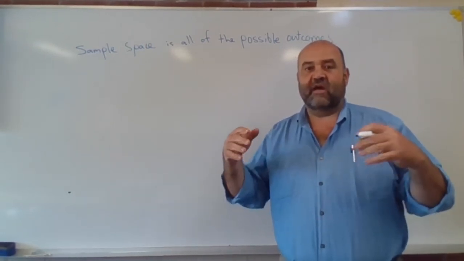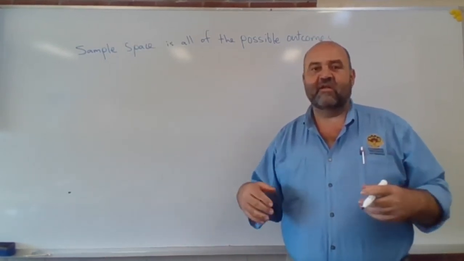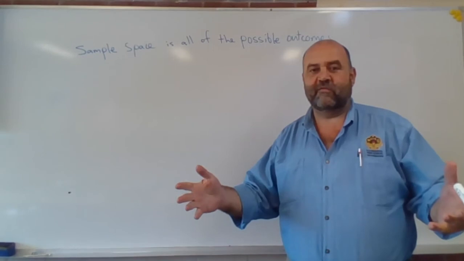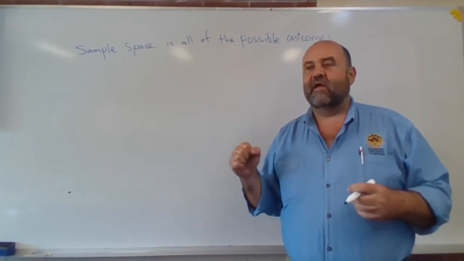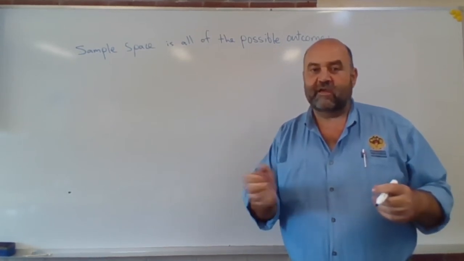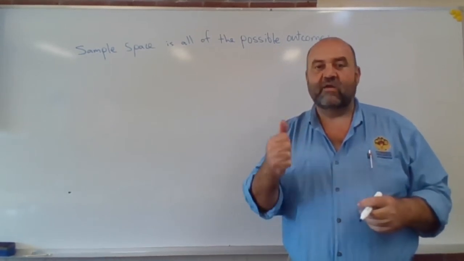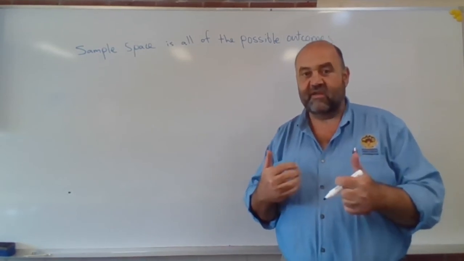If a woman was going to have a child, the sample space for the baby is boy or girl. If I'm going to roll a die, the sample space is the number 1 or 2 or 3 or 4 or 5 or 6.